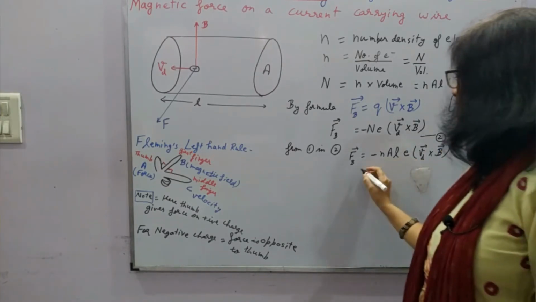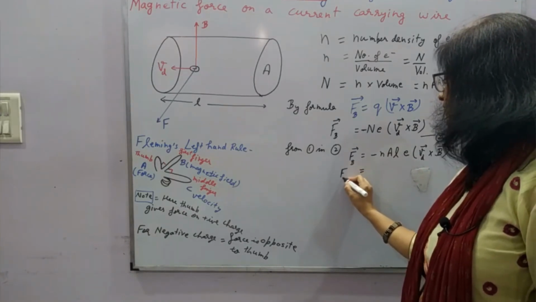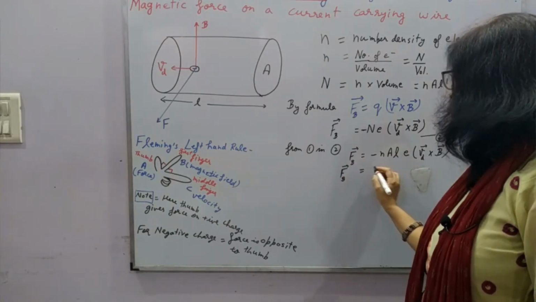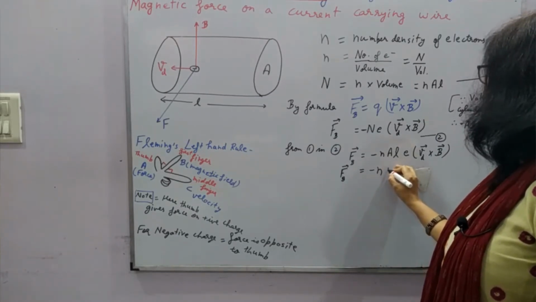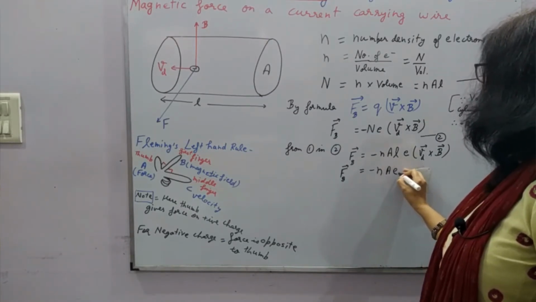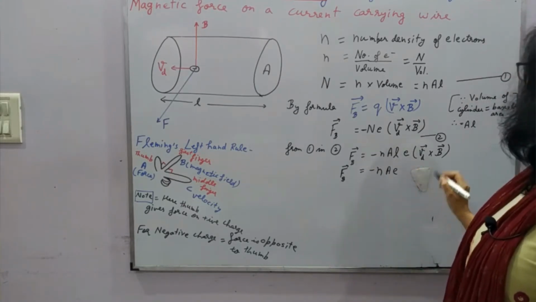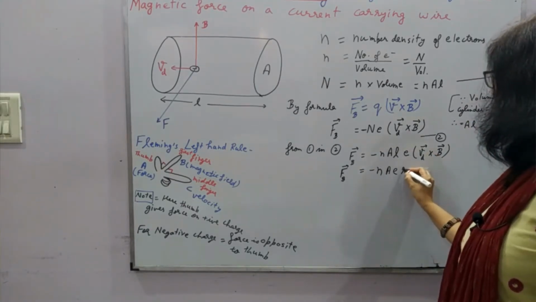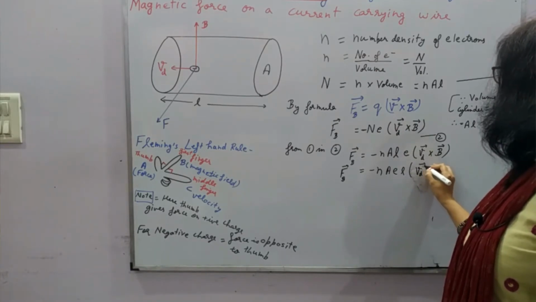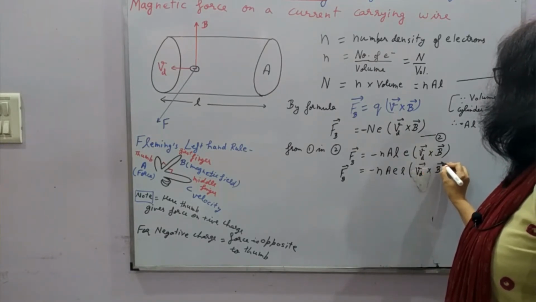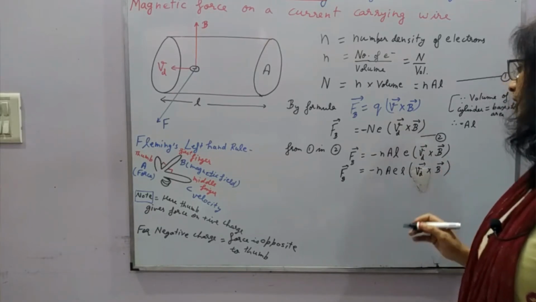Now here we can rearrange it, there is no problem. This is minus N A e L Vd cross B vector, right?